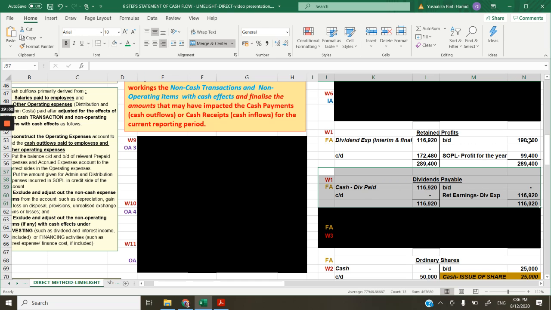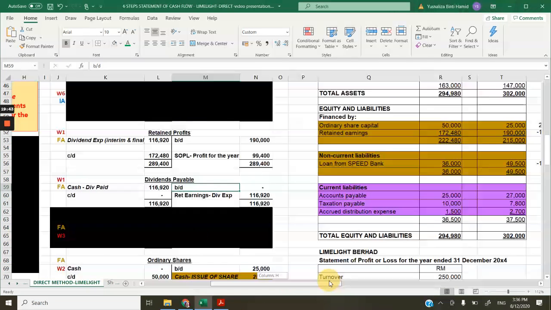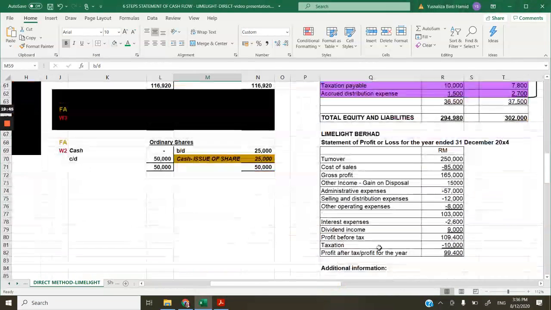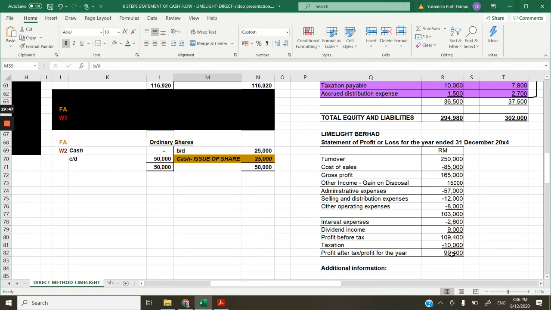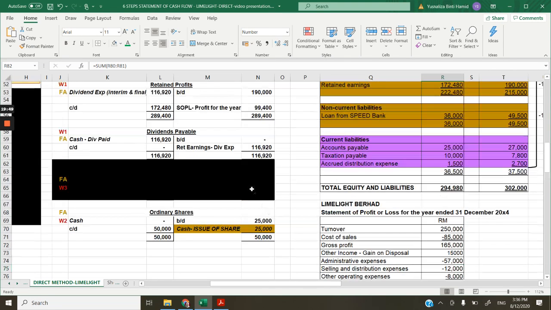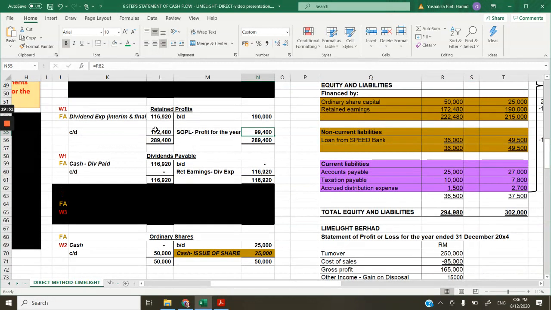So I have already set that up. First, you put your balances, right? Then you take up your retained profit figure. Where is the retained profit figure? You can find it here. Retained profit for the year 99,400. This one should be transferred here, right?